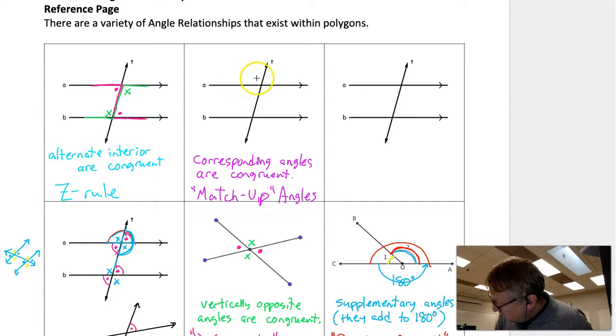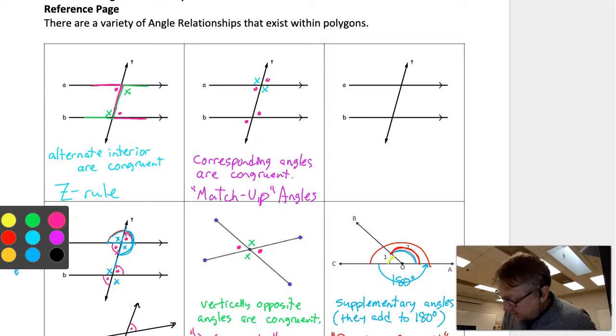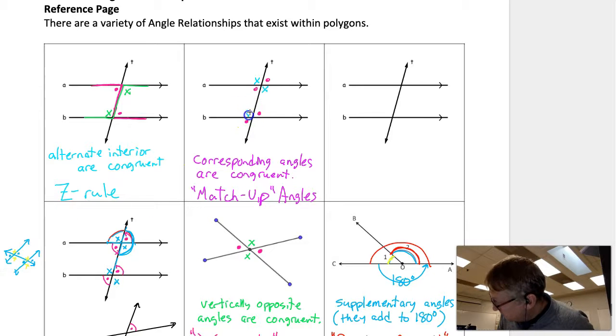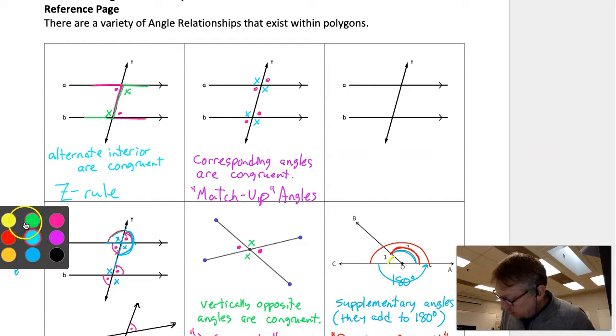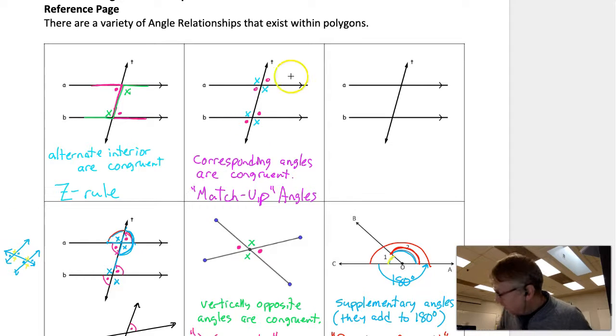The X ones and the dot ones. There are 4 angles available to us around that corner there. The X ones and the dot ones. By corresponding, we mean, what's a good color to use for this? Maybe I'll go to the yellow now. If you're in the top right corner here and the top right corner there, they match up.